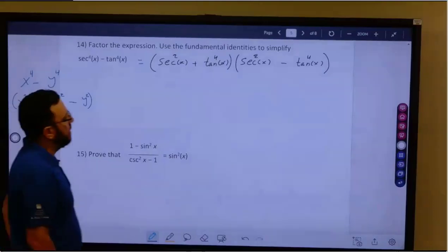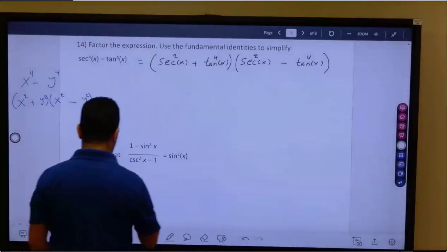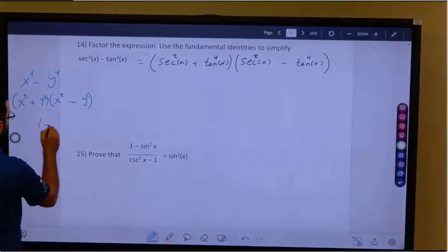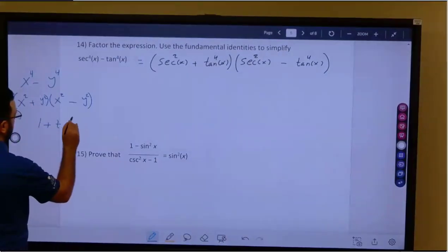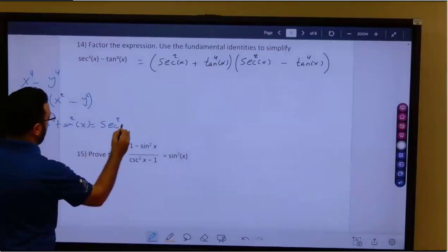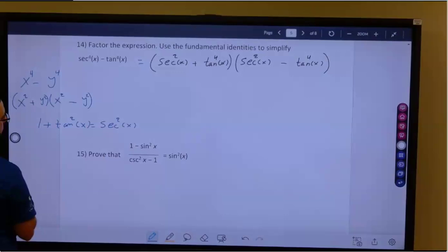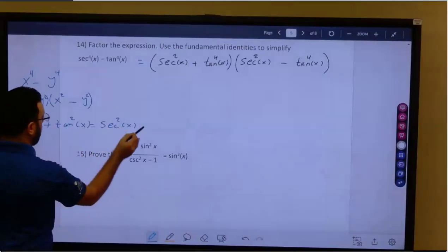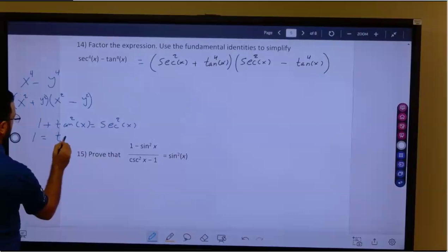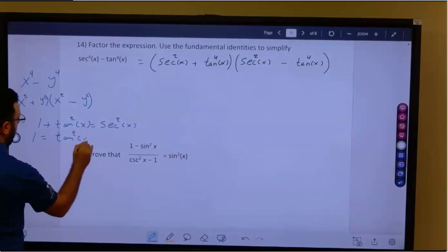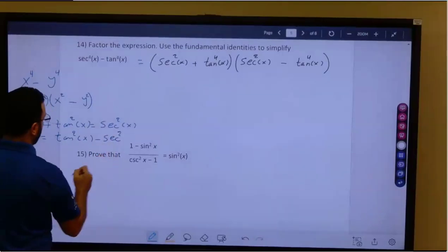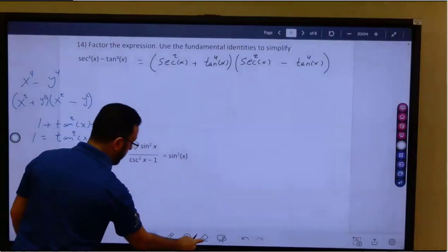So one of the identities rule, it says every time when you have 1 plus tangent squared x equal secant squared x. So now if I move the tangent to the other side, so 1 is going to be equal tangent squared x minus secant, the opposite, because we're gonna move the tangent.